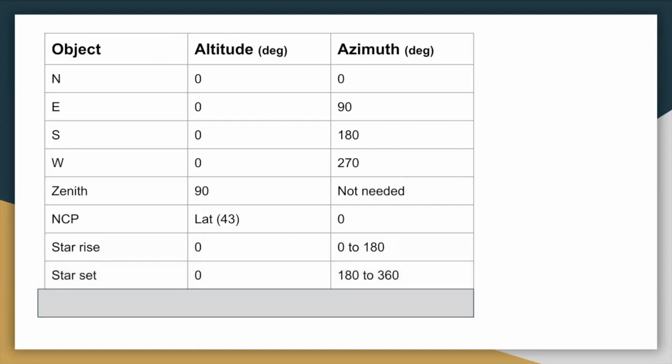Star set is the opposite half of the sky. Again, still an altitude of 0 because it's at the horizon, but you're going to see stars setting anywhere from due south to due north, 180 to 360 degrees azimuth, because 0 and 360 degrees azimuth are both due north.